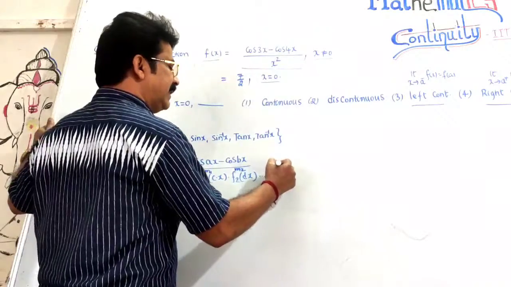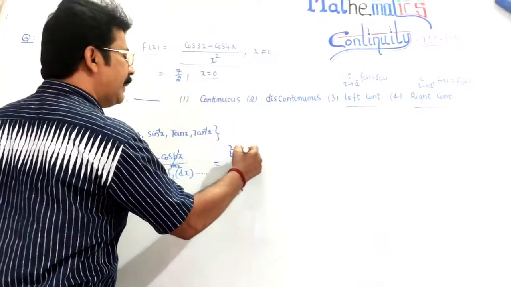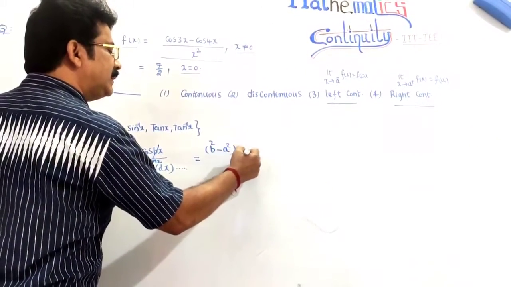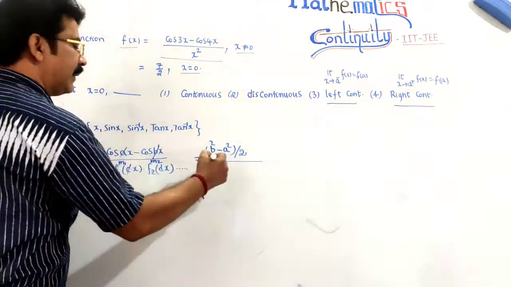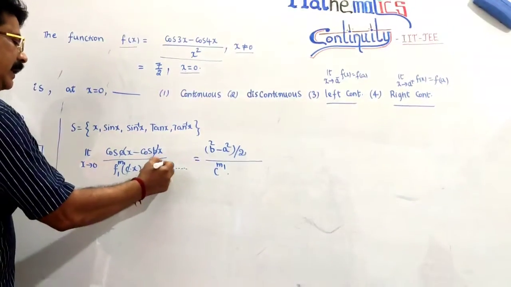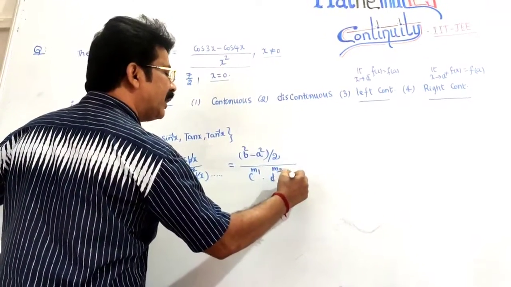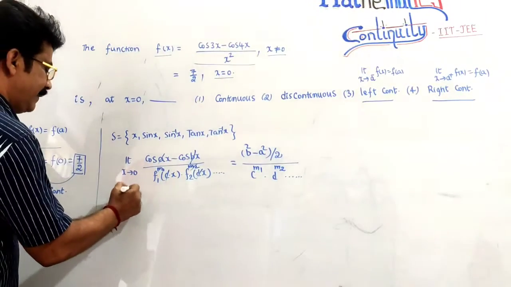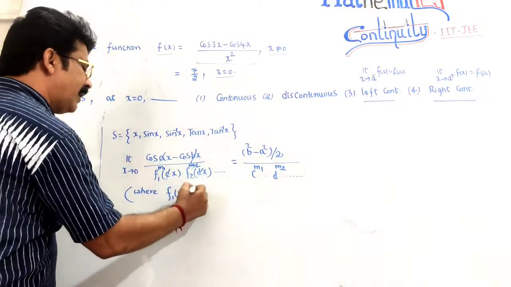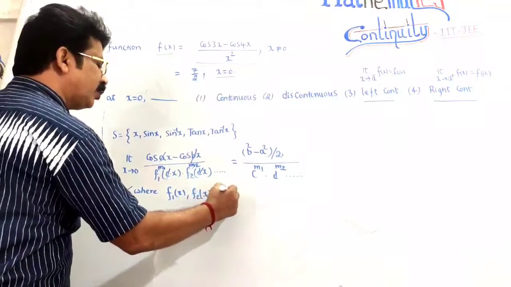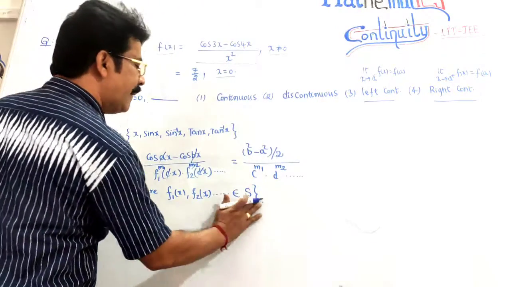Then the shortcut will be b square minus a square by 2 whole divided by (c)^m1 into (d)^m2, and so on, where f1 of x, f2 of x, and so on, belong to this set. Yes, like that. Understand?